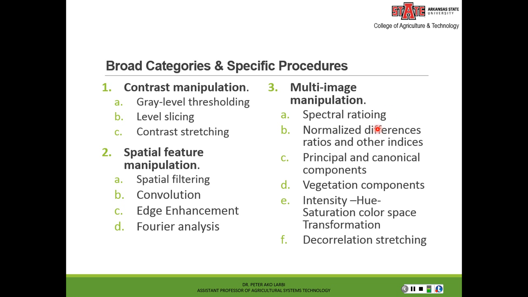We have normalized difference ratios and other indices which we will look at. We have principal and canonical components. We will not demonstrate that. Vegetation components, intensity, hue, and saturation, color space transformation, and decorrelation stretching. These we will not look at, but just to give that broad knowledge.